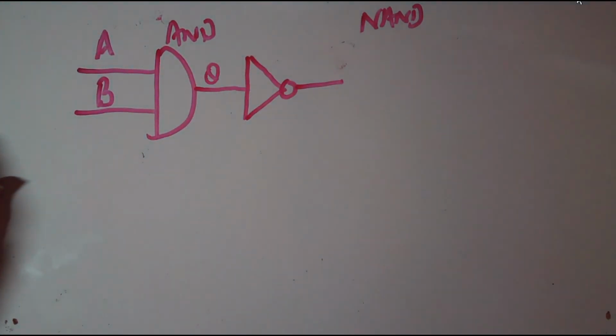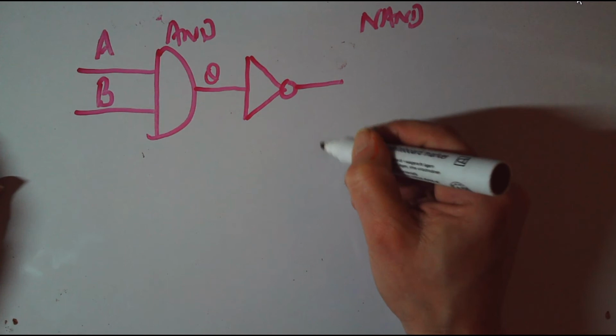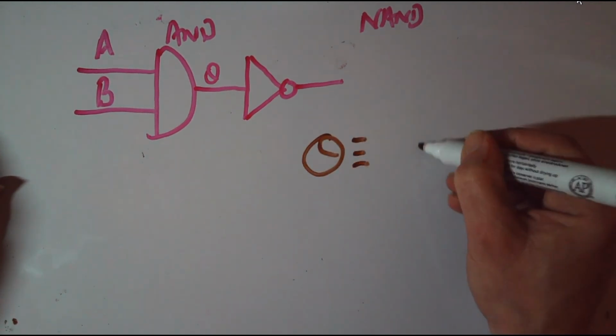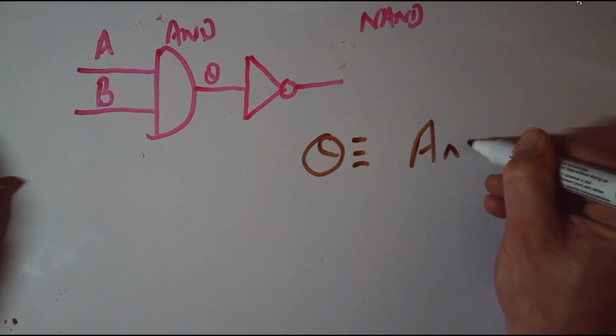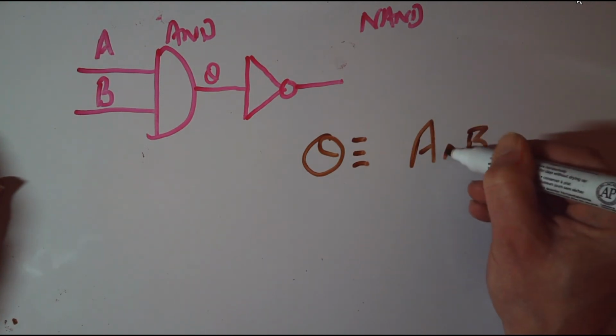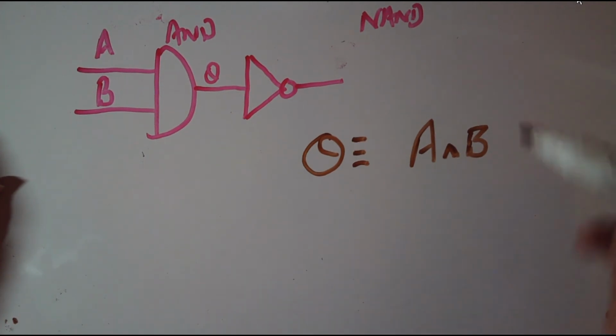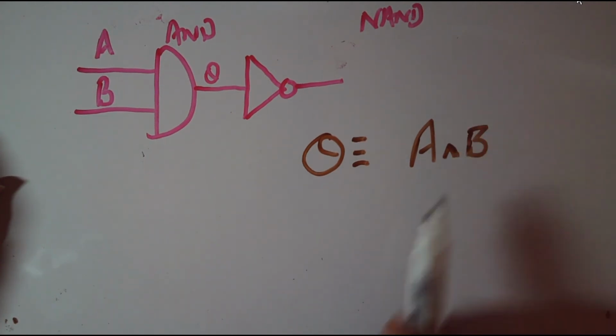Well, what would be the expression for an AND gate on its own? We would say for an AND gate on its own, Q is logically equivalent to, quite simply, A and B. So we'd be using the upward arrow symbol to express a basic AND relationship between A and B.